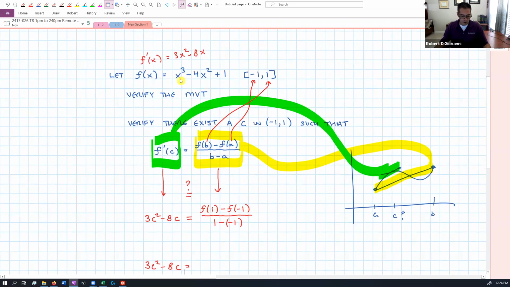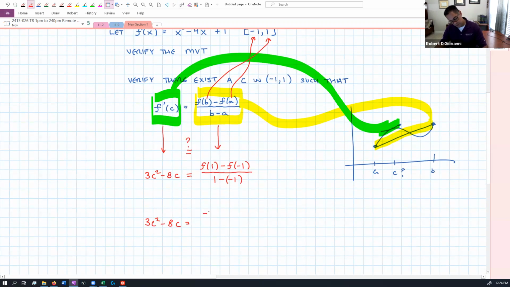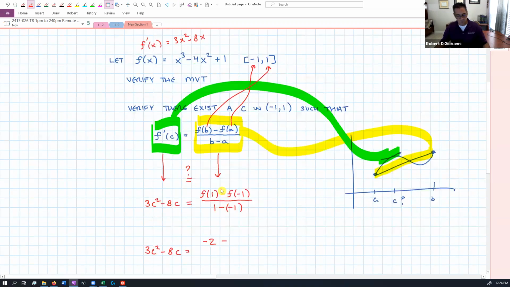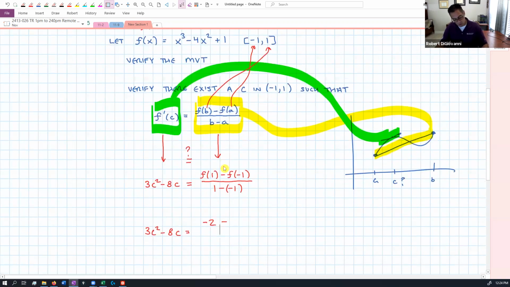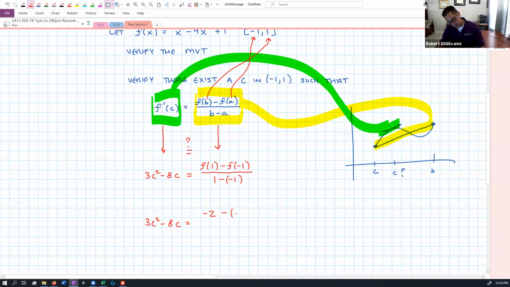So if we plug 1 in here, we should get 1, take away 4, it's -3, add 1, we should get -2, minus, now when we plug -1 in here, we get -1 minus 4, it's -5 plus 1 is -4. So we're subtracting -4, be careful there.